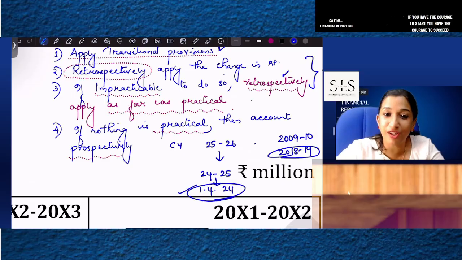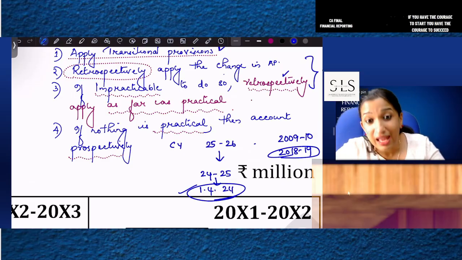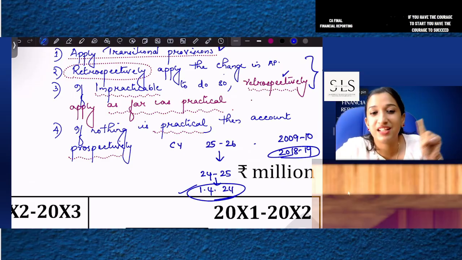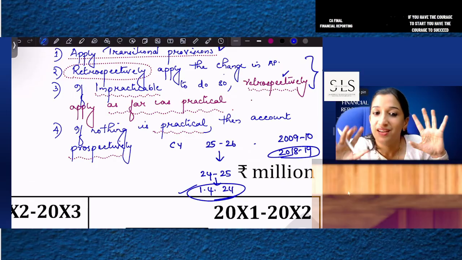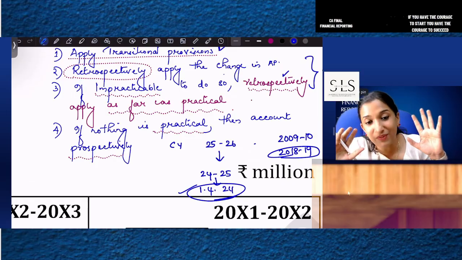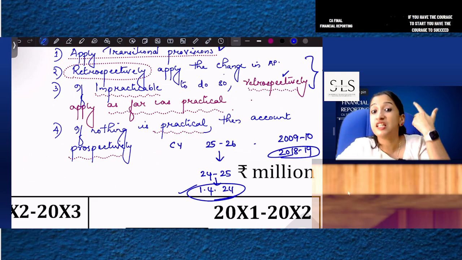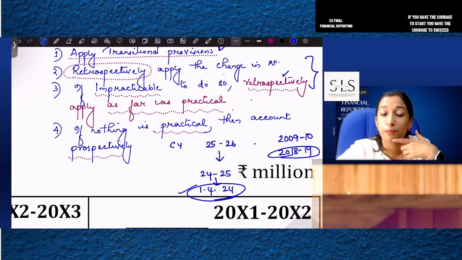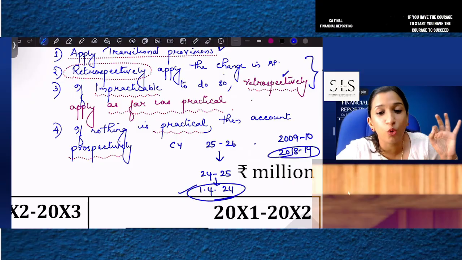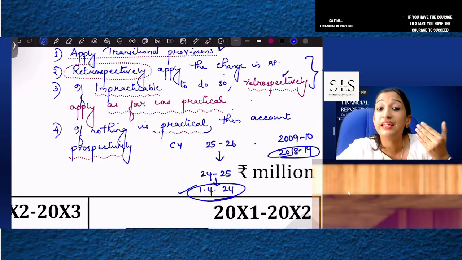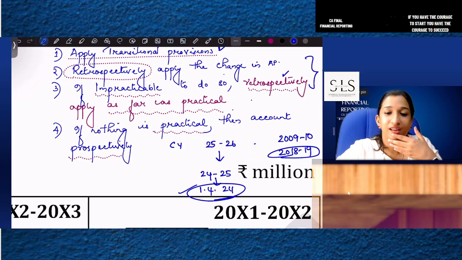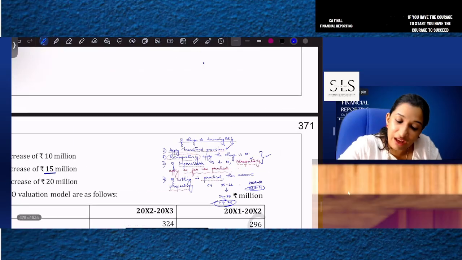We'll make the changes in inventory, and the corresponding gain or loss will be reported in retained earnings, opening equity. So that is what we have read here.